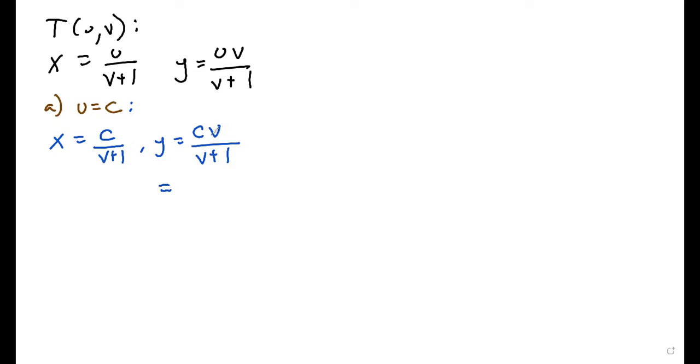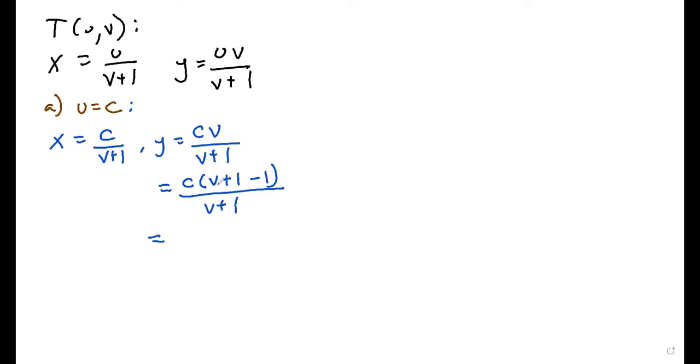I'm going to rewrite this y as y is equal to c times... So what I'm going to do is add 1 and subtract 1 here. Of course, I haven't changed anything.